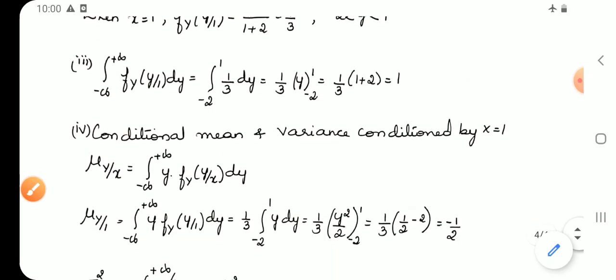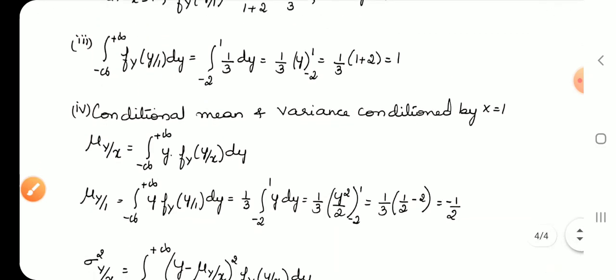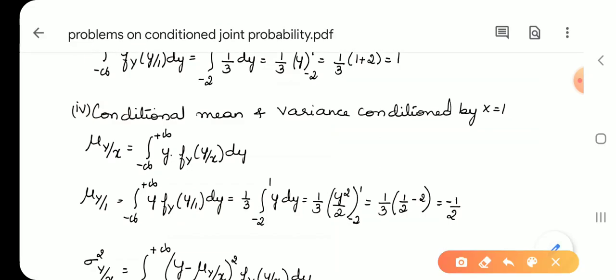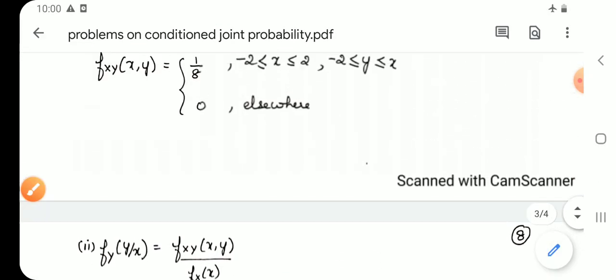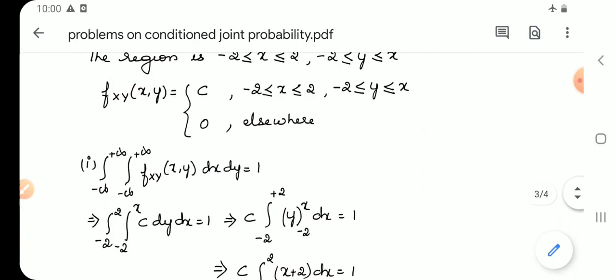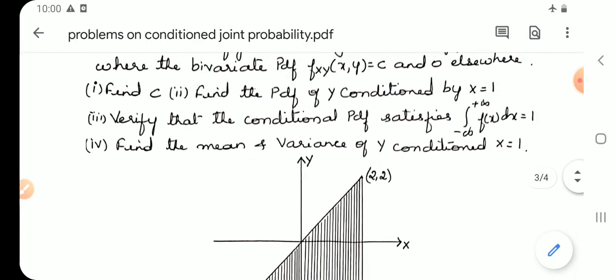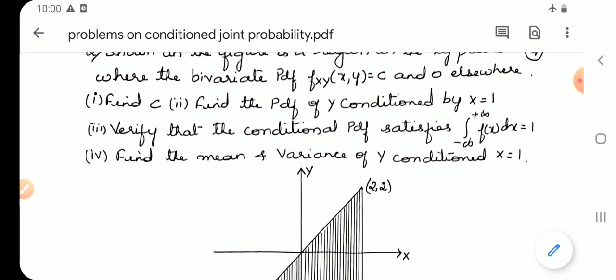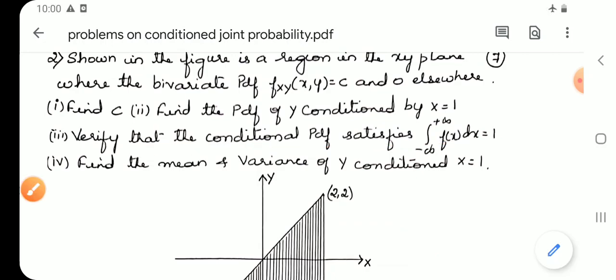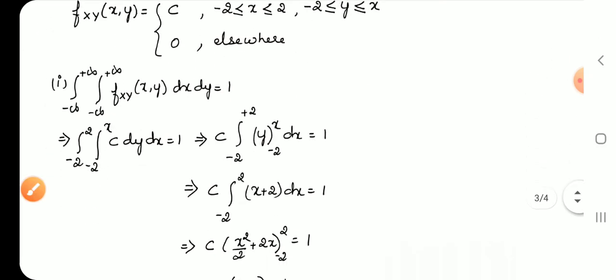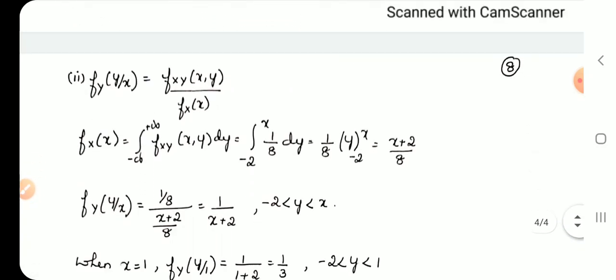So we have proved the value is 1. The third question was to verify that the conditional PDF satisfies the integral of fx dx equal to 1. We have proved that. Now let us take the fourth one.